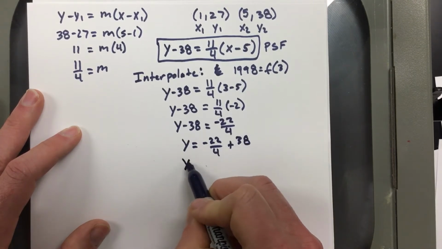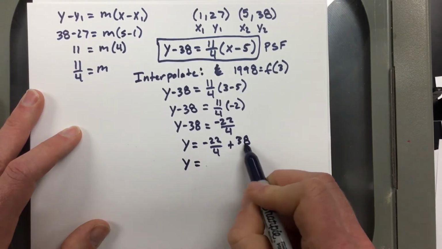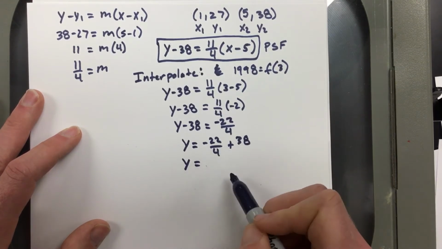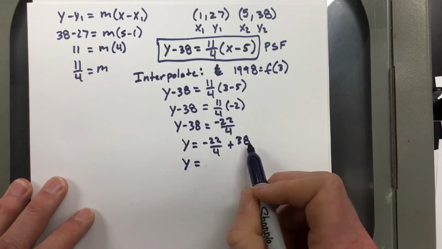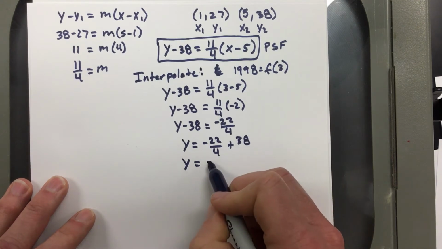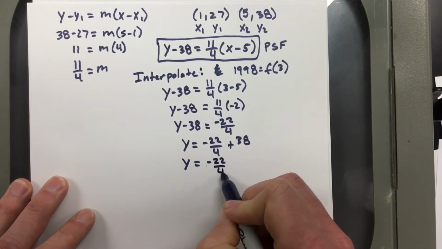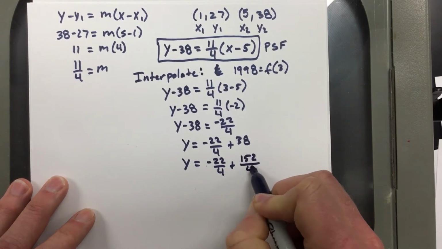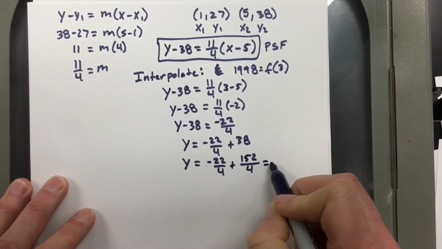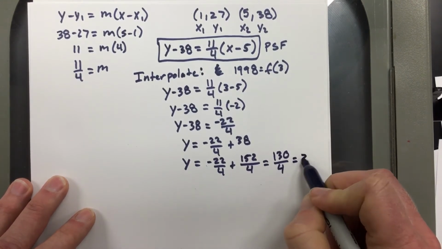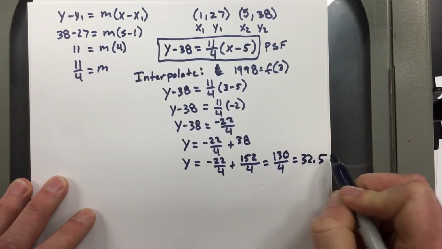Now I need to put this into a fractional form with the same denominator as negative 22 over 4. 38 times 4 is 152. So negative 22 over 4 plus 152 over 4 gives 130 over 4, which gives 32.5.